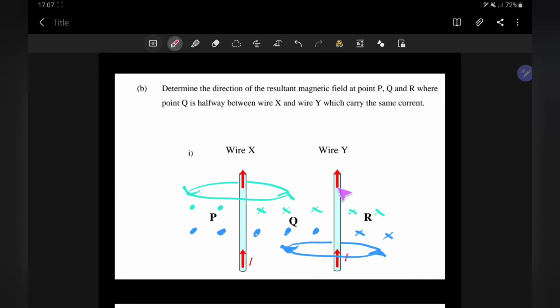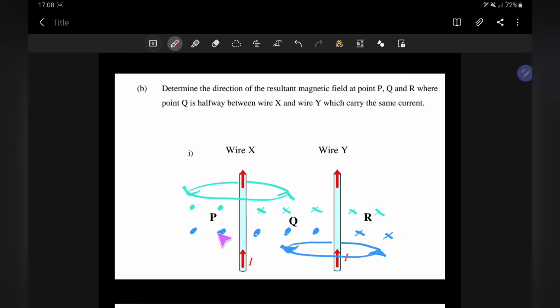For wire Y, doing the same thing with the right hand grip rule, at the left side the magnetic field B is directed out of the page, and at the right side, into the page.